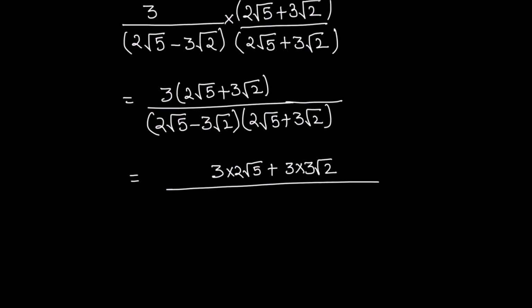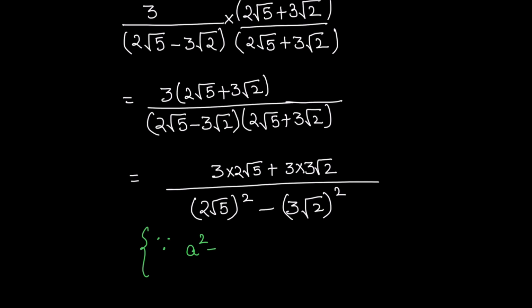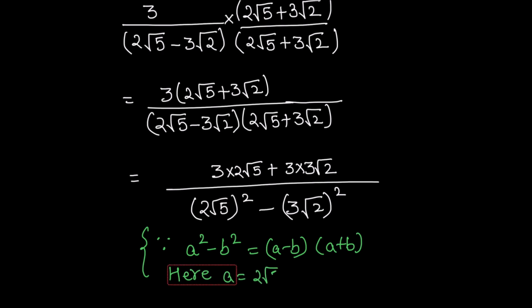So here we have a as 2 root 5 whole square minus b, which is 3 root 2, whole square. This we got by using the formula a square minus b square equals a minus b times a plus b, and here a equals 2 root 5 and b equals 3 root 2.